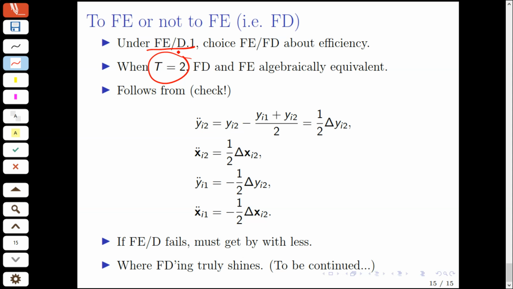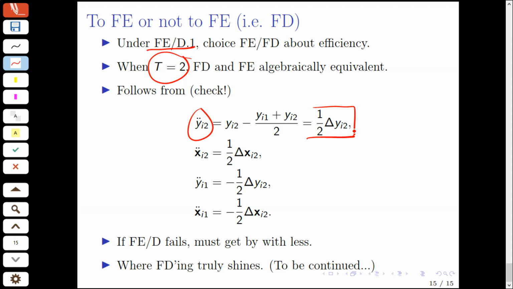This follows from the fact that the within transformed variables and first difference variables only differ by a proportionality factor, which is what I'm stressing in this display. And I encourage you to go through, for example, one may show that for the fixed effects estimator, the within transformed outcome for period 2 for this particular individual, given just 2 time periods available, can be equivalently expressed as 1/2 times the first difference outcome in period 2.